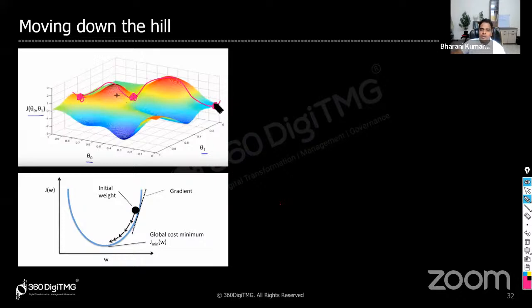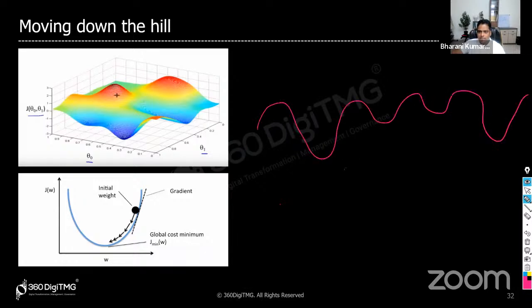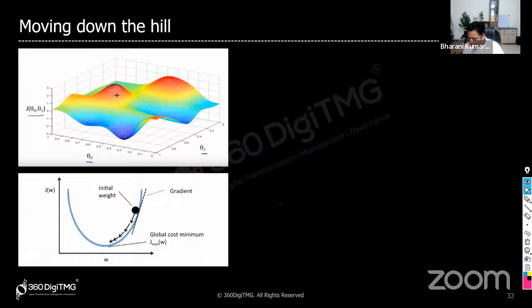And out of all these minima, you want to get to the least of all these minimas. Right? When you have multiple minimas like that, all these would be called as local minima. The one which is the minimum out of all these minima is called as a global minimum. Okay.